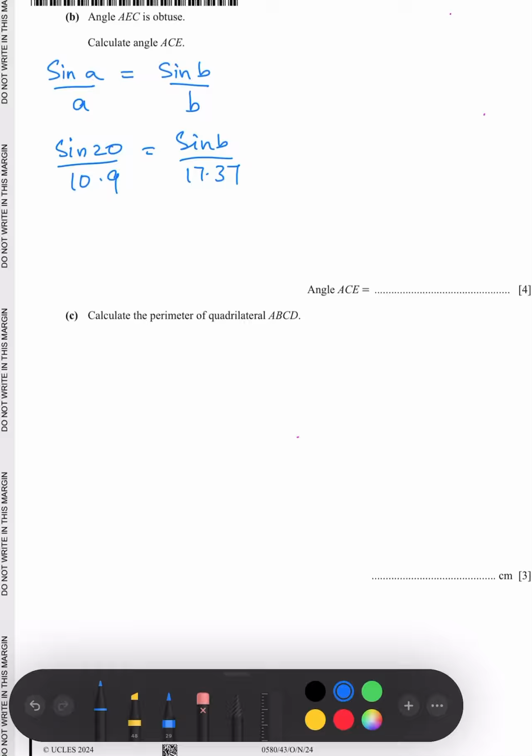Sine 20 multiplied by 17.37, divided by 10.9. So sine B is equal to 0.545, and angle B will be sine inverse of 0.545, which is equal to 33.02, right?